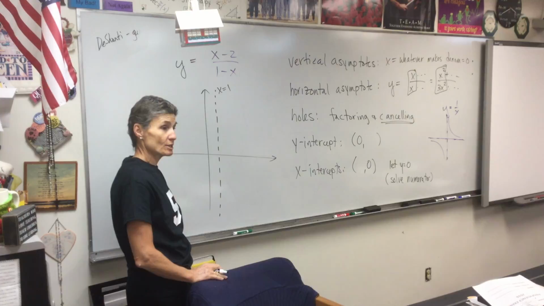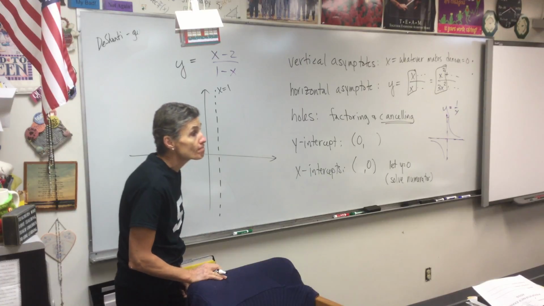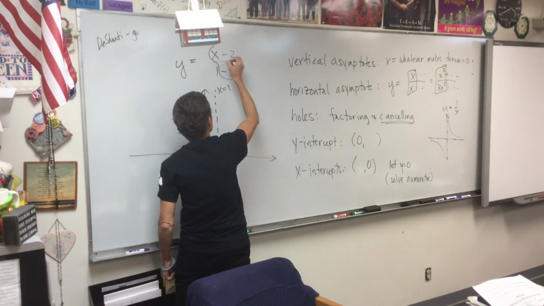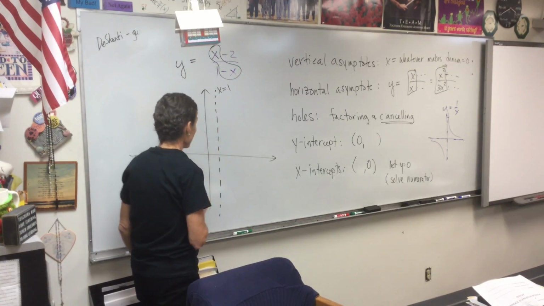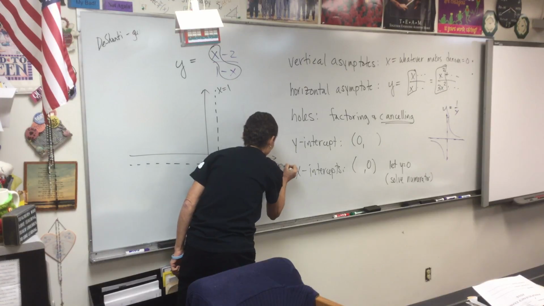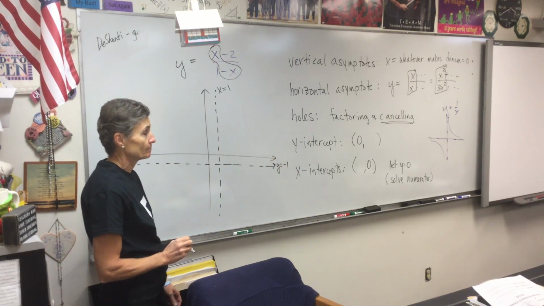All right, what else can you tell me? Maddie? It is -1 because look here, kids. When you build your horizontal asymptote, you get x over -x, which is y equals -1. Perfect.